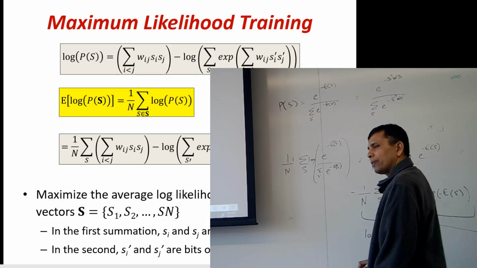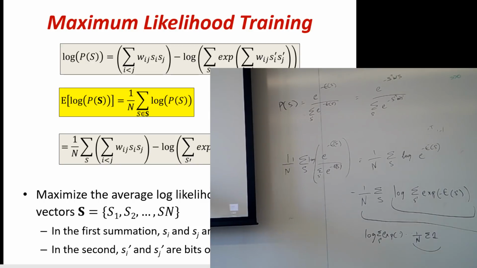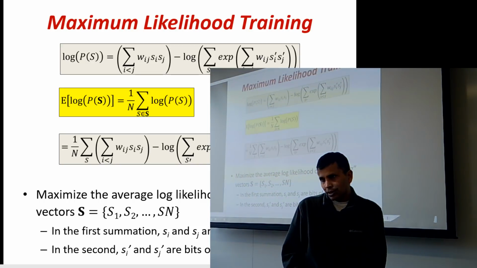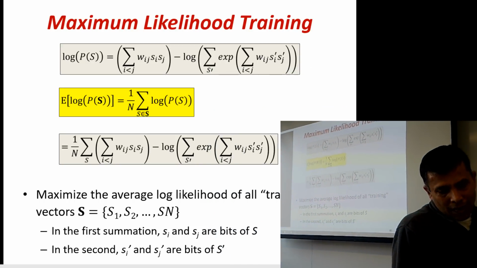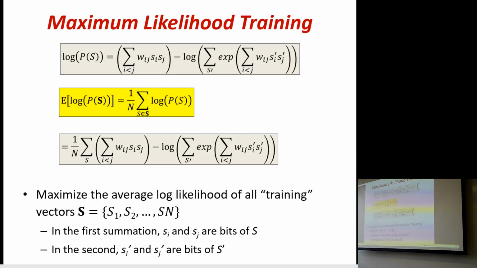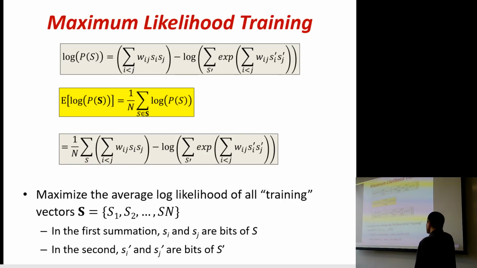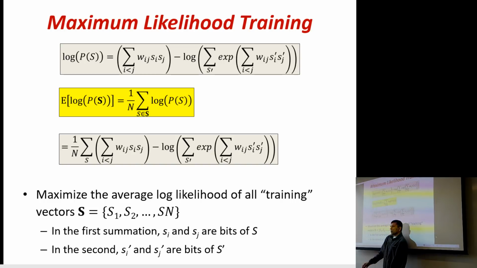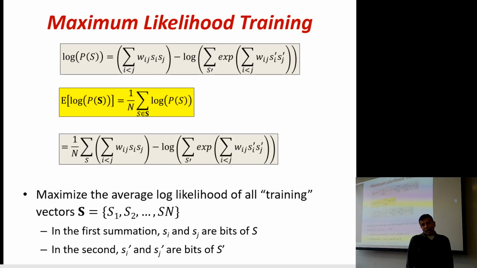This is just 1. So as a result, you're just left with this log term to the right. Okay? And so these are the two terms whose derivatives we now need to take. So this is the log probability of your training data that you're actually trying to maximize.